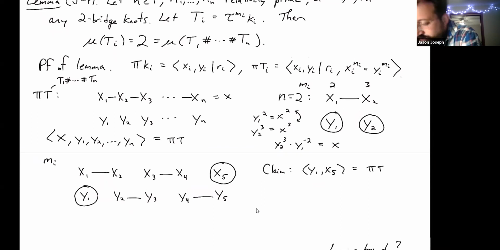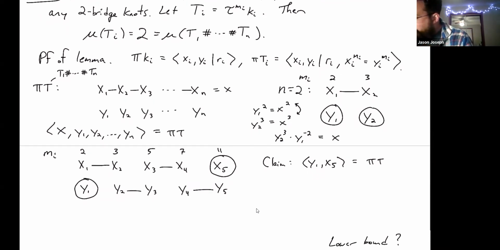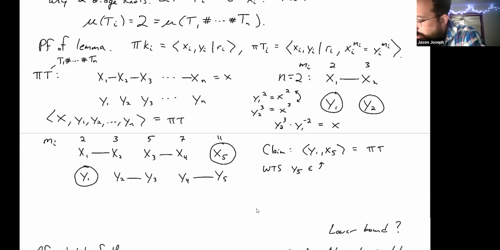So we need some twist indices. So let's just say 2, 3, 5, 7, 11. Maybe you can sort of guess what I should do. If I can show that I can get y5, then by induction, I'm more or less done.